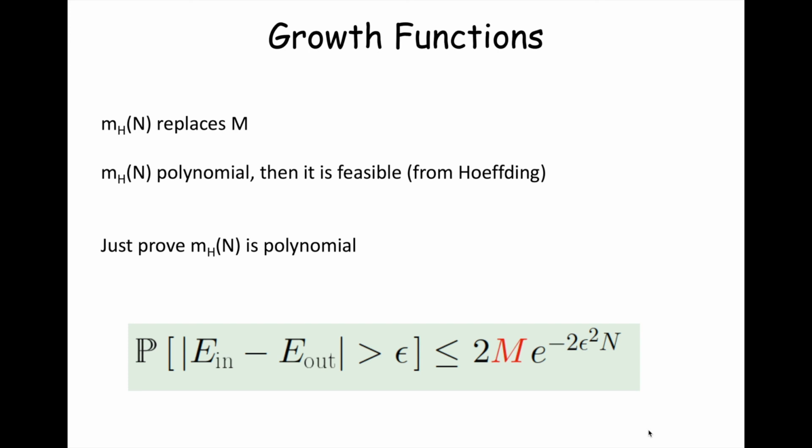And that was a desirable quantity because if this right-hand side of the inequality is as small as we can get it, that means E in diverging from E out is going to be a rare occurrence. And that's exactly what we want: most of the time, we want the out-of-sample performance to track well or follow the in-sample performance, because all you can control are your learning algorithm and your hypothesis set.